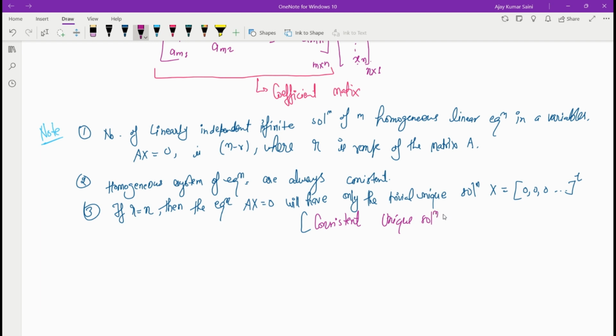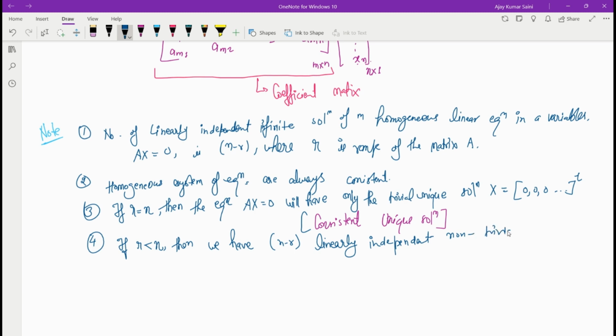Point 4: if r is less than n, then we have n minus r linearly independent non-trivial infinite solutions.